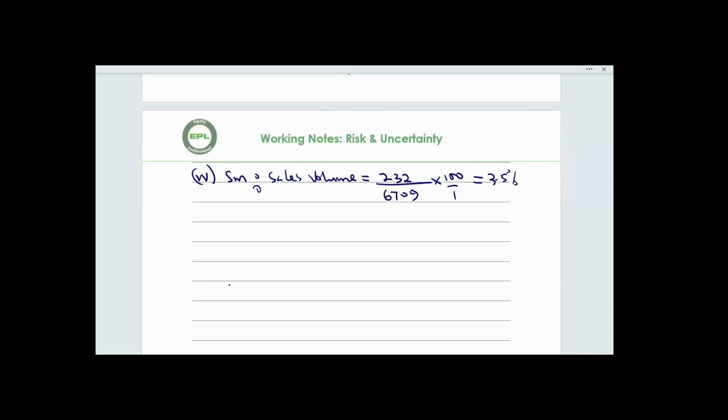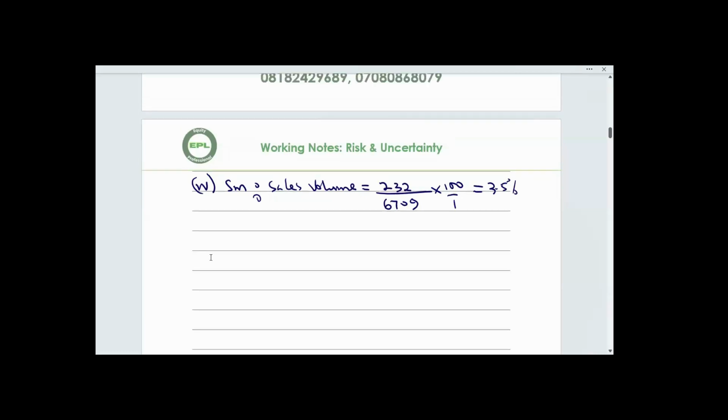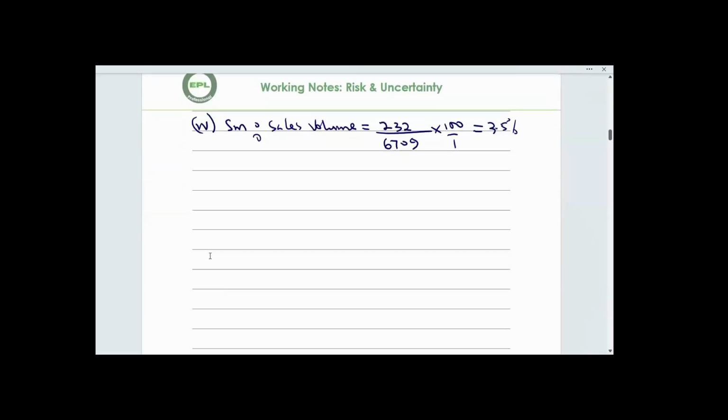Here is 3.5%. So this one we have the same interpretation as the sales price. All right. So the sales volume should not fall below 3.5%.